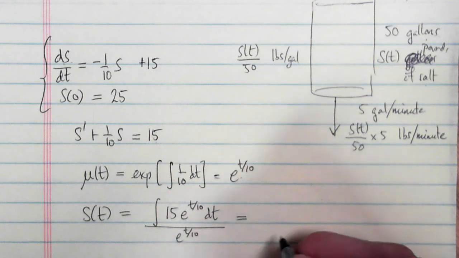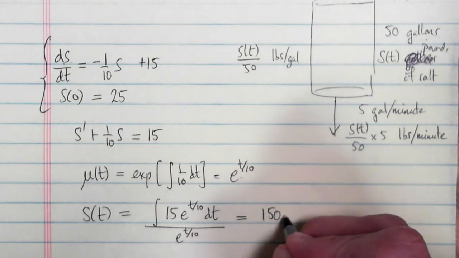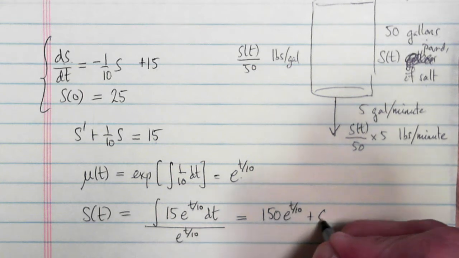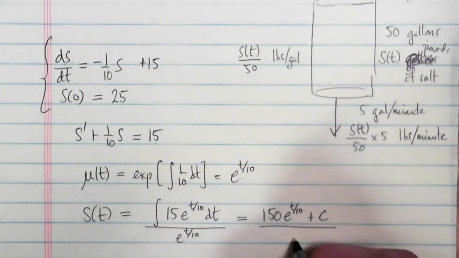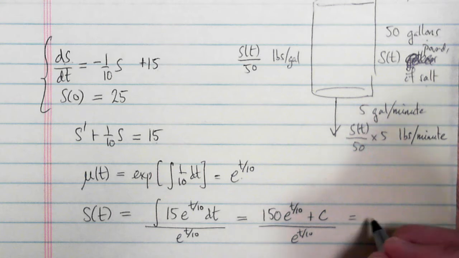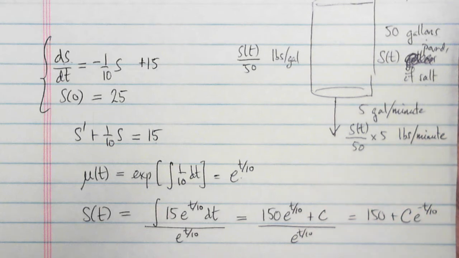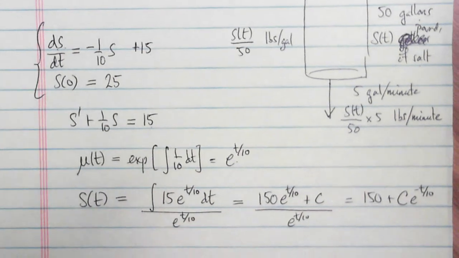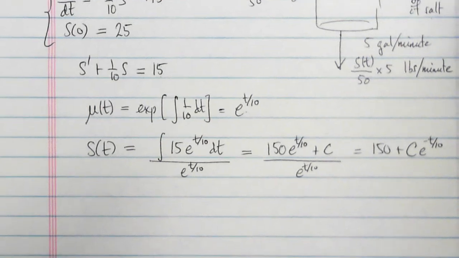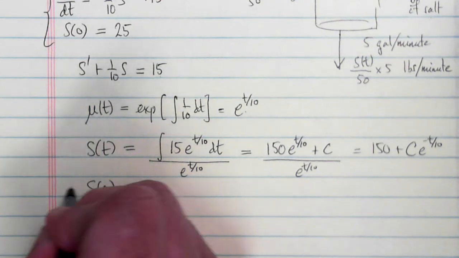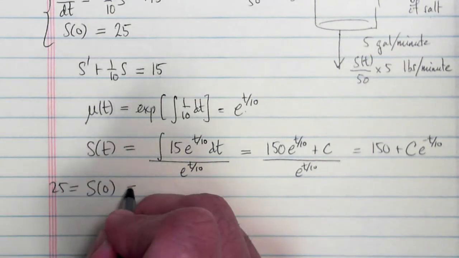Okay, so doing the integral, we get this to be 150 e to the t over 10 plus c, divided by e to the t over 10. So this is 150 plus c times e to the minus t over 10. The one thing that's missing is the value of the constant c, and for that we will use the initial condition that s of 0 is equal to 25.